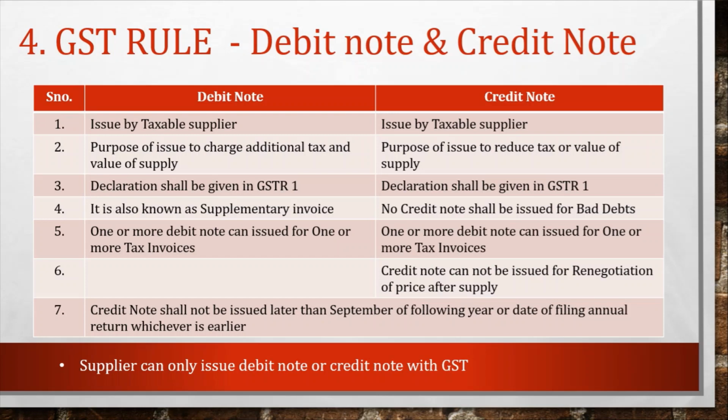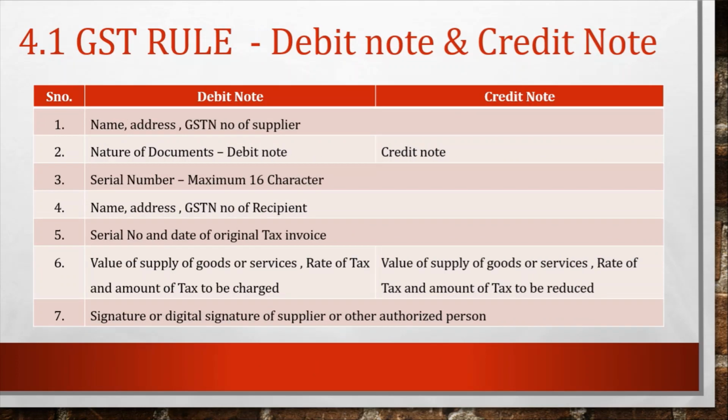So these points need to be remembered. 4.1, components of the debit note and credit note: name, address and GST number of the supplier who issued the debit note or credit note, nature of document, whether it is a debit note or credit note, serial number, maximum 16 characters in both cases, the name, address and GST number of the recipient, serial number and date of the original tax invoice. This is very important and should be mentioned, because it shows against which tax invoice you are issuing a debit note or credit note.